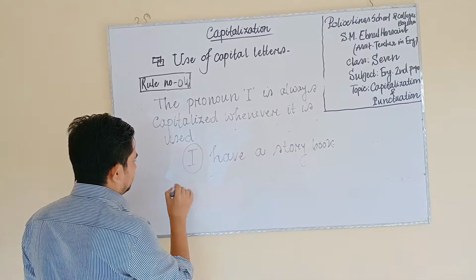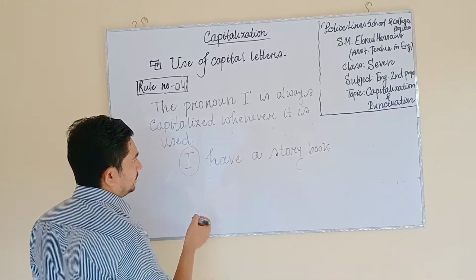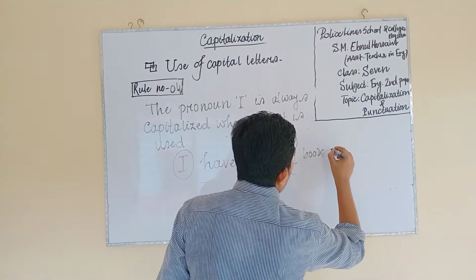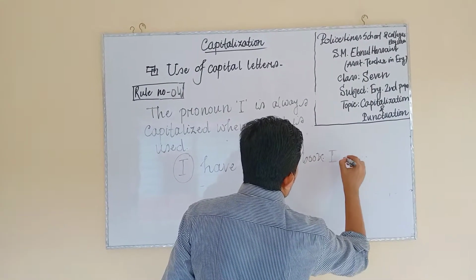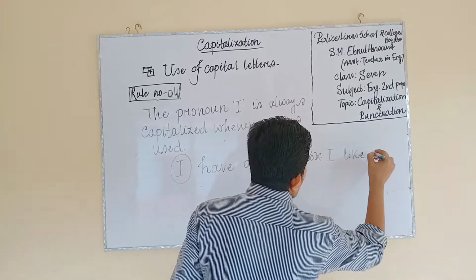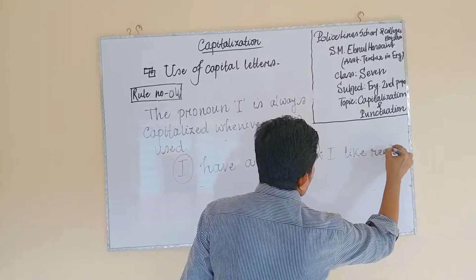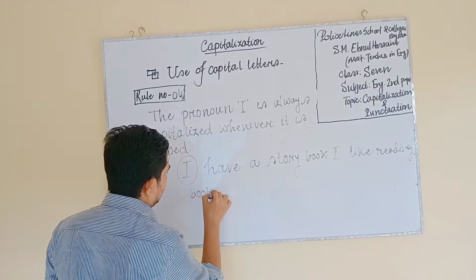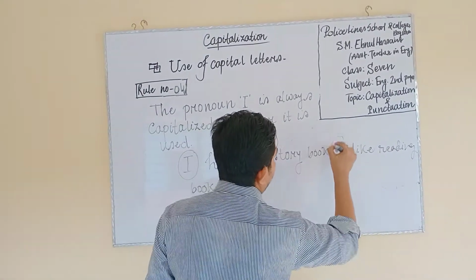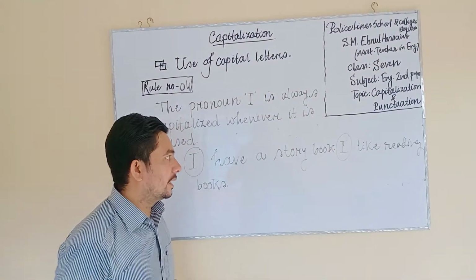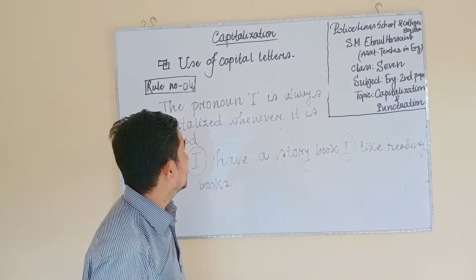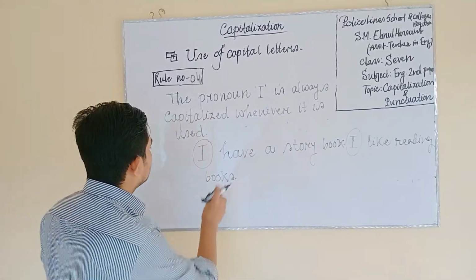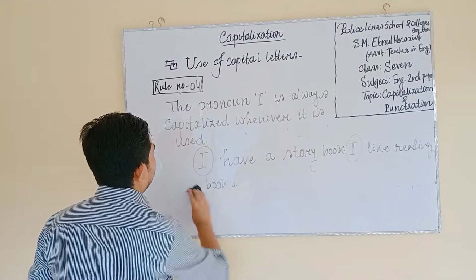Then we may write another sentence: I like reading books. Here the pronoun I is capitalized, because we know that the pronoun I is always capitalized whenever it is used. Then the rule number 5.